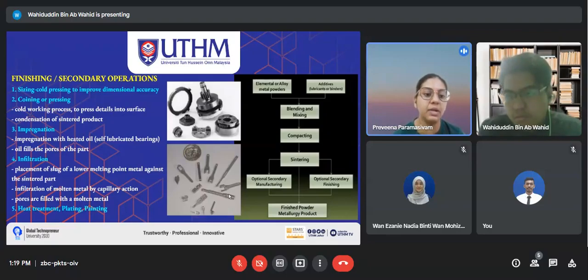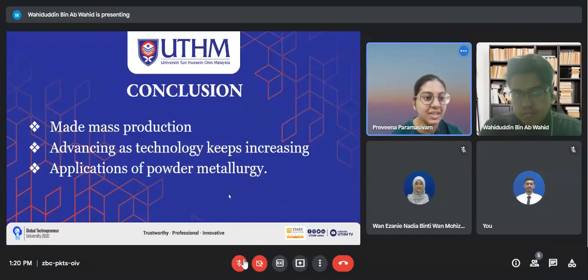After that, they can undergo optional secondary manufacturing or finishing. This is optional for the manufacturers if they want a nice finishing. The last one is the finished powder metallurgy product that we can see in the figure above. This is an example of the end product of metal powder metallurgy. That's it for me. Thank you.